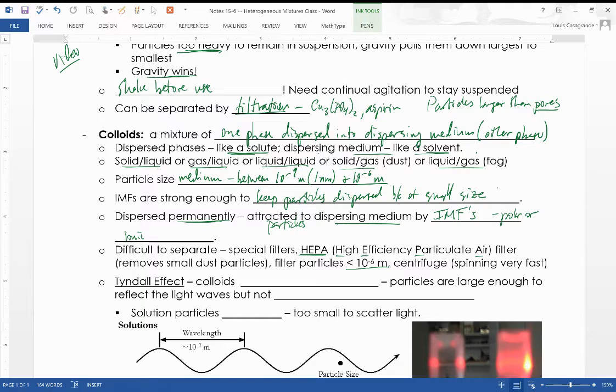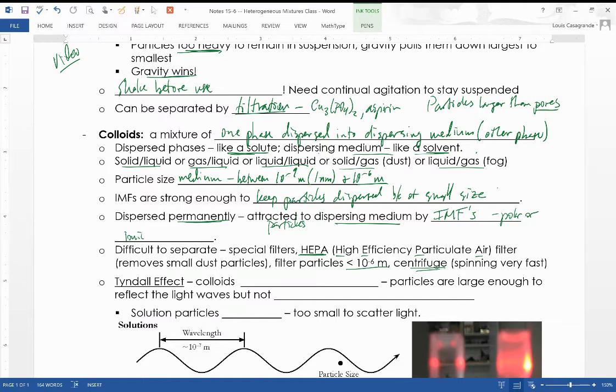Another way of separating them is something called a centrifuge. So a centrifuge is a device that you put tubes into that have your liquid in them. The tubes spin very fast, and as it does so, it's like an artificial gravity.